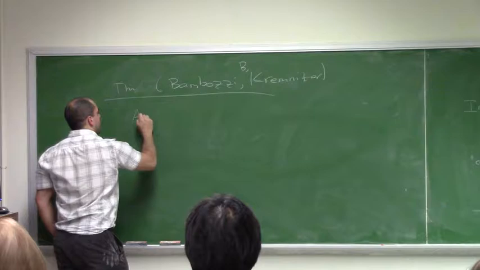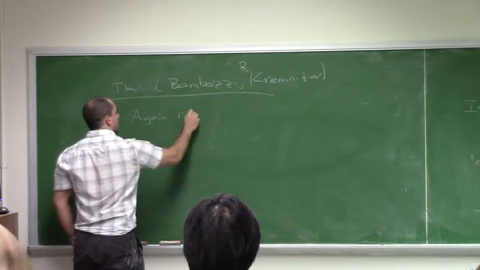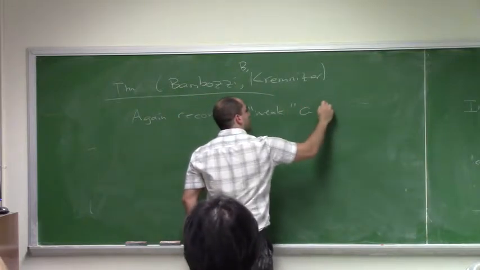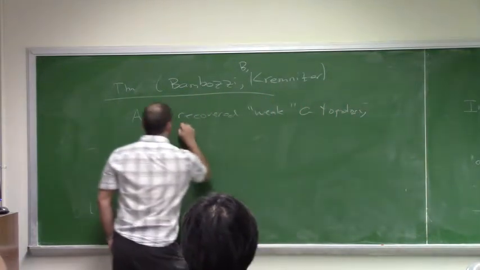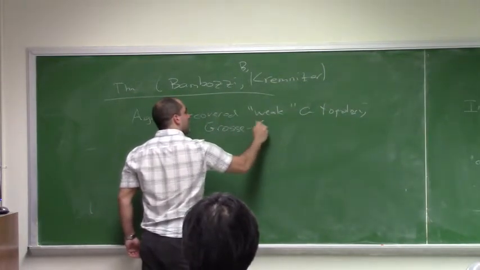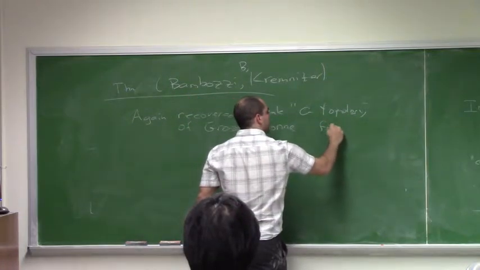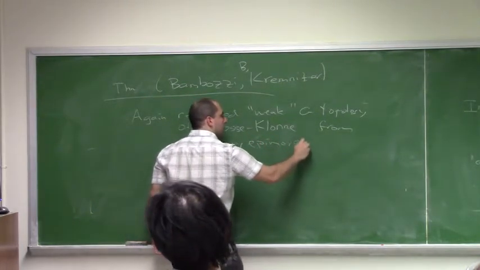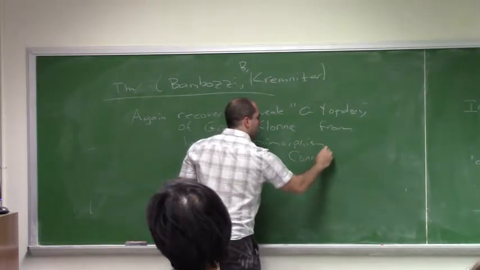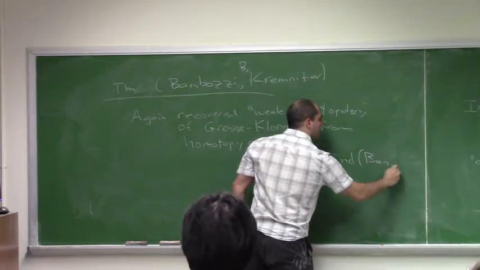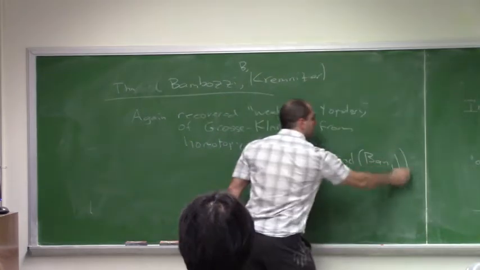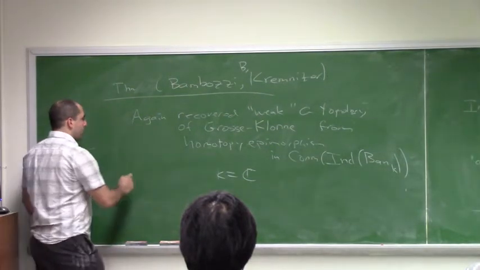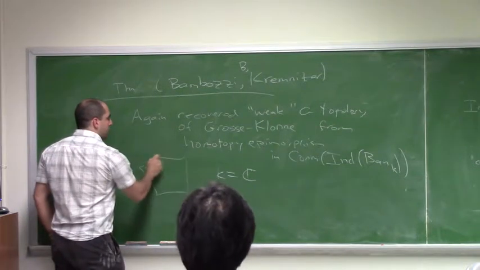And this time it's over any field. So in this case, k can be equal to the complex numbers, and in which case, you're talking about complex analytic spaces together with a certain topology of compact Stein domains.